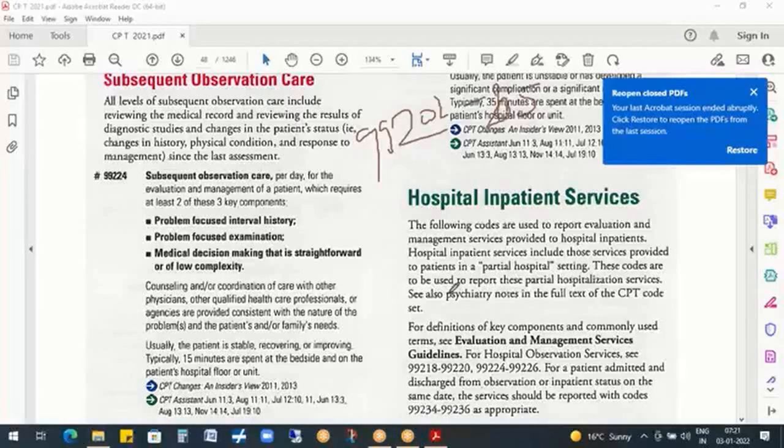Next one, hospital observation services. In the A, initial services.